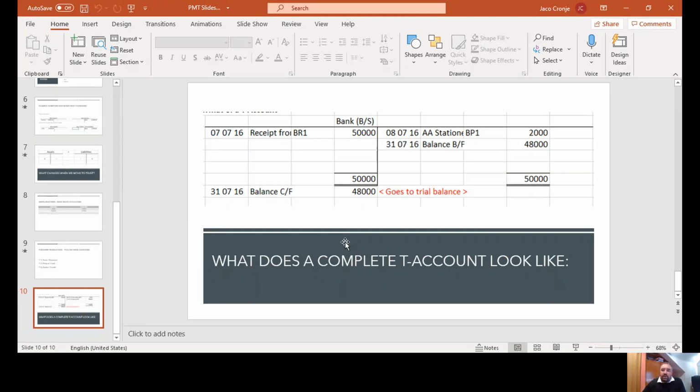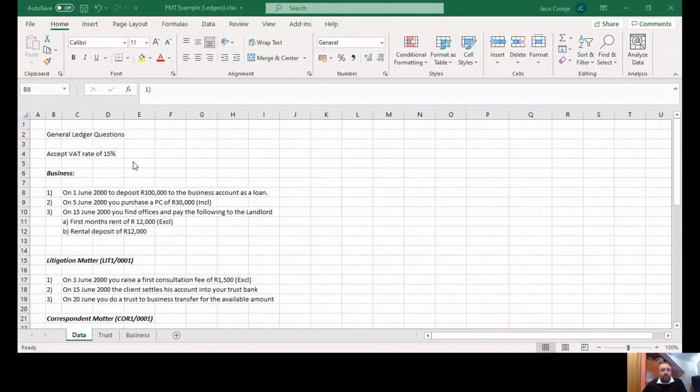Okay, so that is the end of the slideshow. So now I'm going to quickly stop sharing that, and I'm going to share an Excel workbook with you, which is a quick little example that we are going to do to work through a few transactions and see what the process is of completing them into ledger accounts.